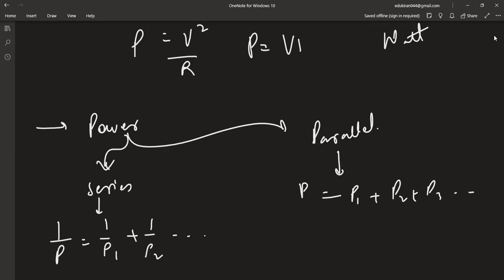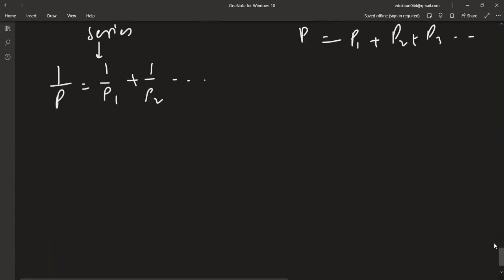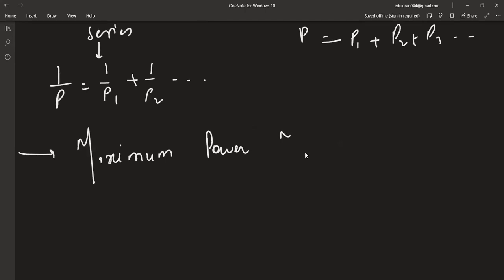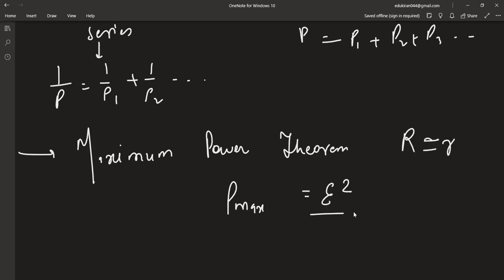Last thing, the maximum power theorem you should remember. The maximum power theorem basically says that the output power of a source of EMF is maximum when the external resistance of the circuit is equal to the internal resistance, and the formula for the maximum power is E square by 4r.